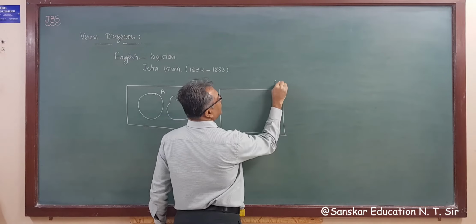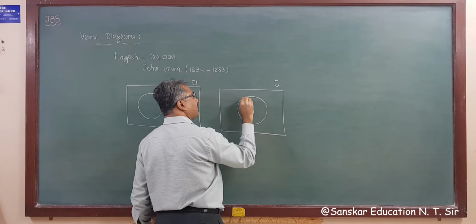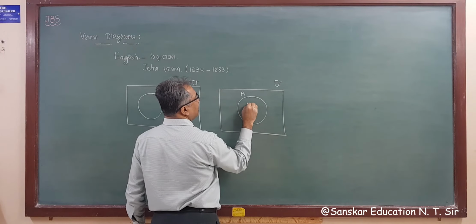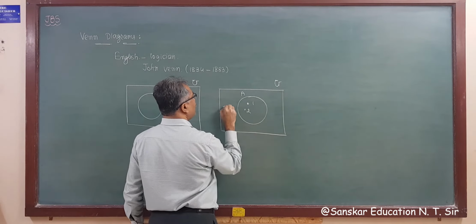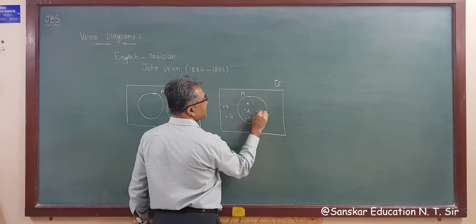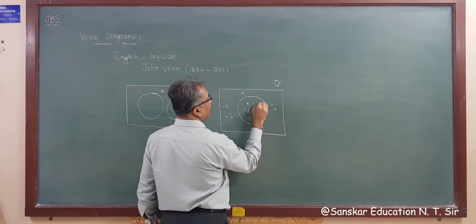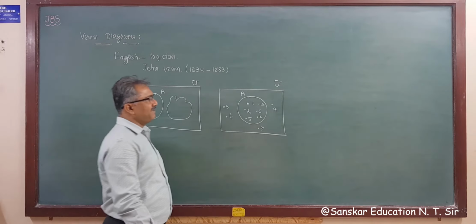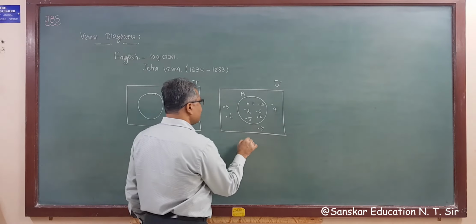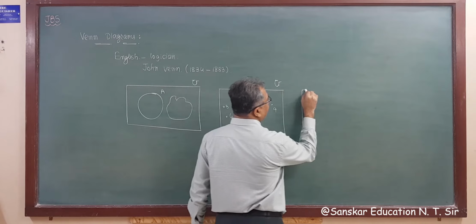This is the universal set U. Suppose this is a set A. I am writing here 1, 2, 3, 4, 5, 6, 7, 8, 9, and 10. These elements are here. Now this is your figure number 1. Suppose I draw another Venn diagram.